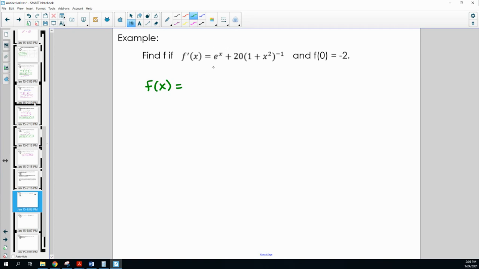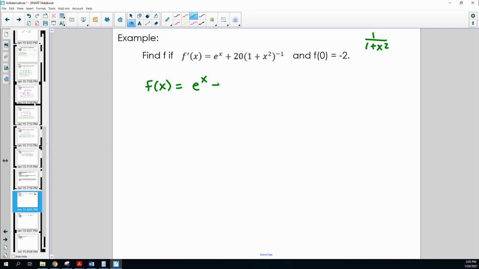So the antiderivative of e to the x will be e to the x. And then the antiderivative of this, if we remember, 1 plus x squared to the negative 1, that's really just 1 over 1 plus x squared. And if you look at the chart for antiderivatives, this is the antiderivative for the inverse tangent. So the derivative of inverse tangent is this 1 over 1 plus x squared.